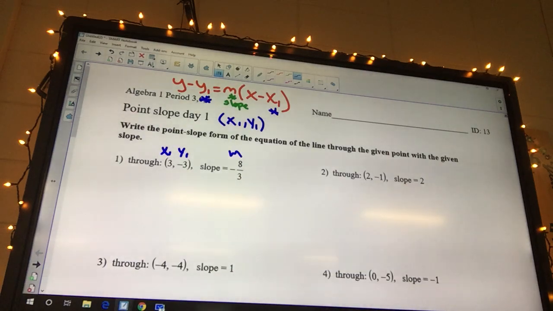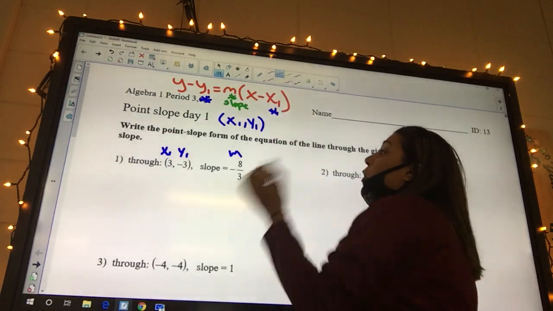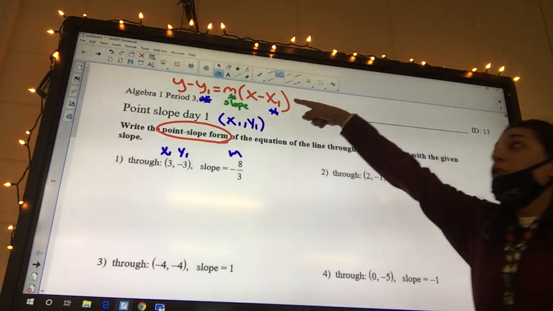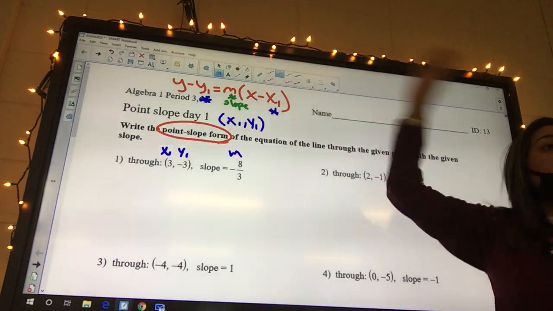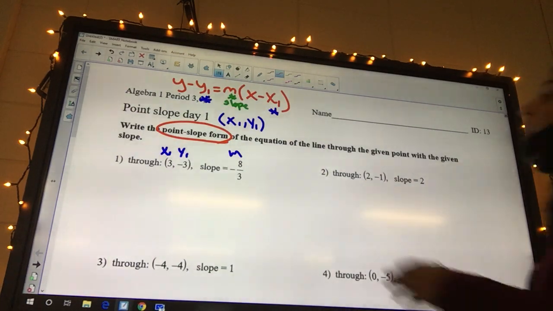Now, this is why I say read what they want you to do. Point slope formula. That means my answer should look like this, with the parentheses and all. So read what you want your answer to look like, and then see what you got. We got a point and a slope.